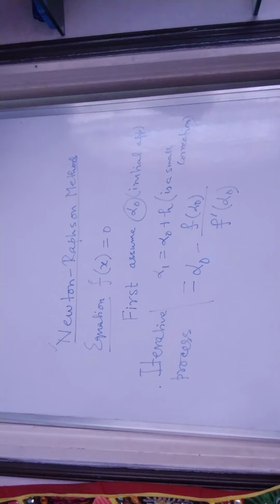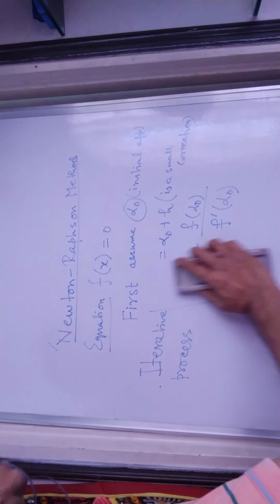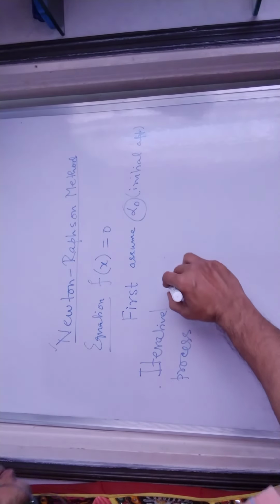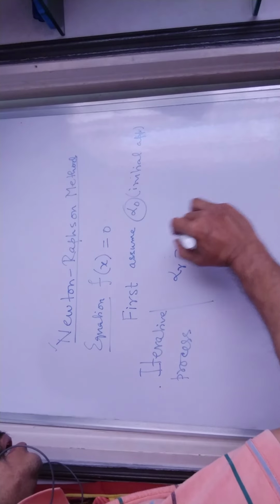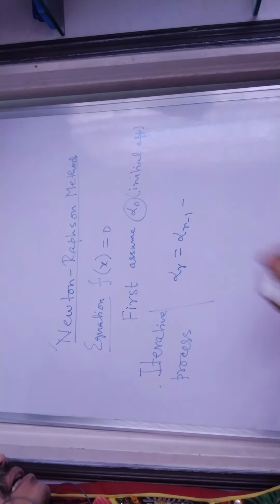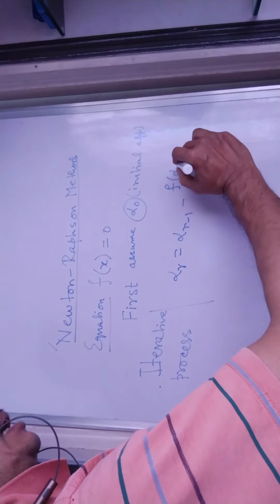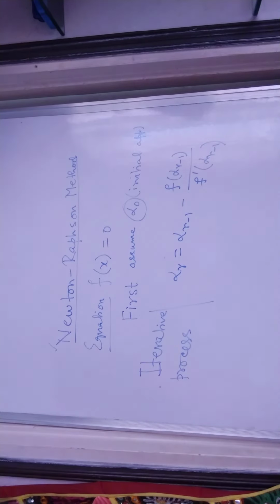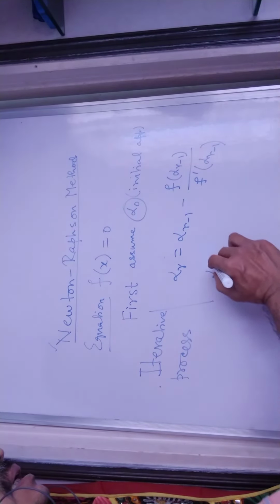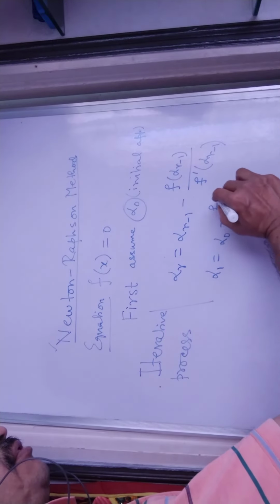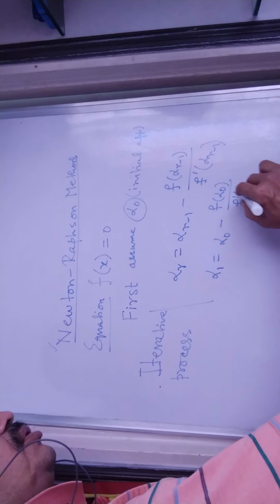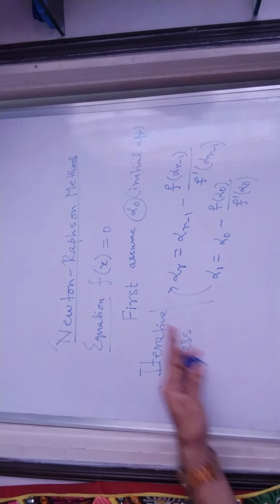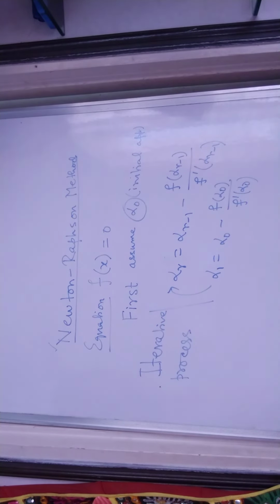We may easily write the recursive relation as alpha r equal to alpha r minus 1 minus f of alpha r minus 1 by f prime alpha r minus 1. Isn't it so? Since alpha 1 was alpha 0 minus f of alpha 0 by f prime alpha 0. So from this we write this in the rth step. And this is an iterative process. We move on finding new alphas.